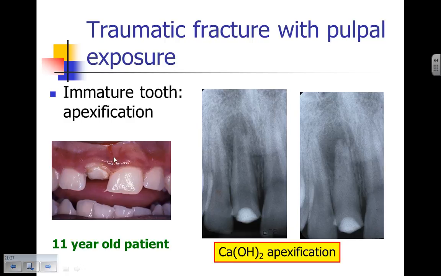Now keep in mind, when we look at this number 8 that's fractured, one of the things I'd like you to notice is that when number 8 fractured, its progression of development stopped as compared to the adjacent tooth, which continued. We had the loss of space due to this fracture near the gingival line, and number 7 and number 9 collapsed on that space because the proximal contact wasn't there.